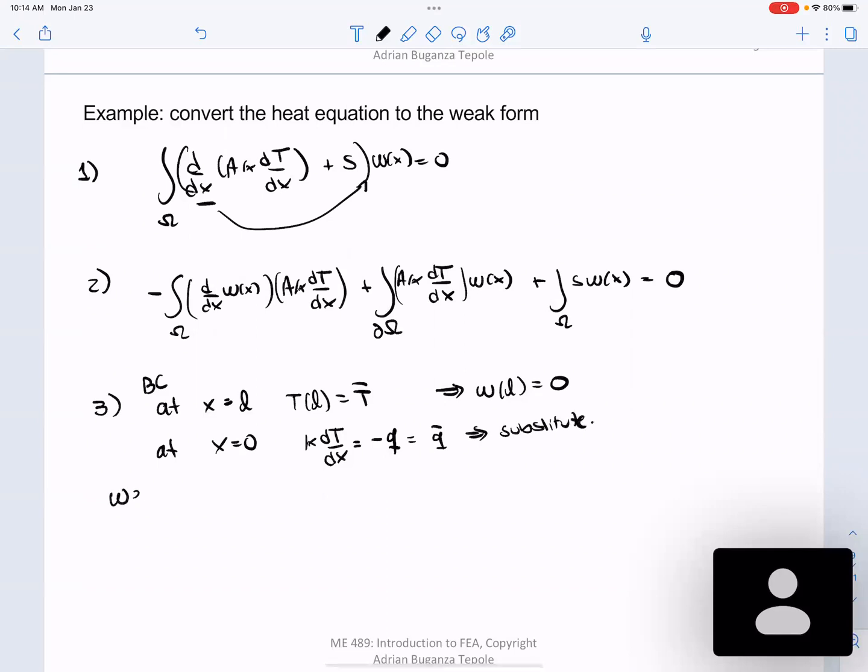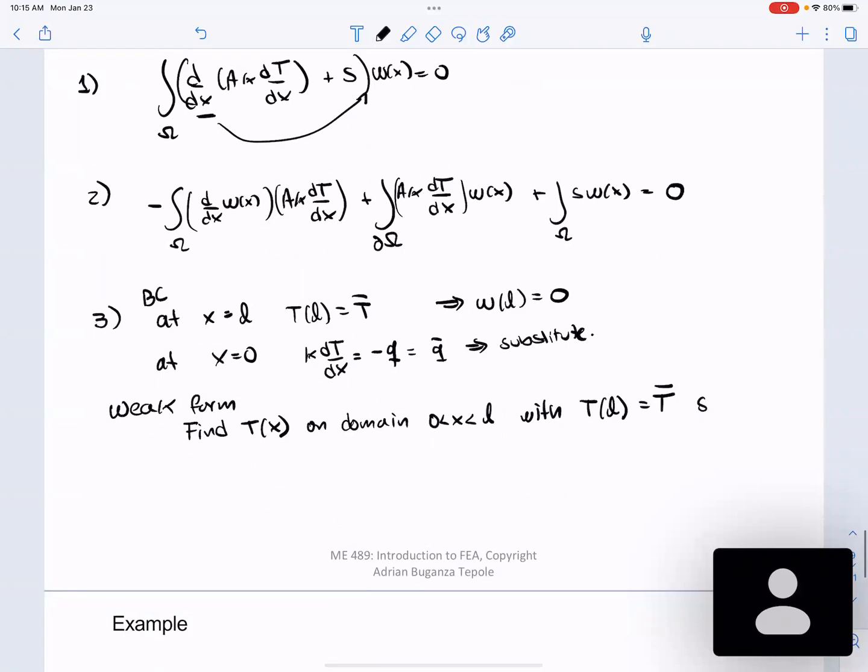So the weak form reads very similar to the solids problem. Find the temperature on the domain 0 ≤ x ≤ L with the essential boundary condition, T at L equals T bar, such that the integral, I'm just going to copy.